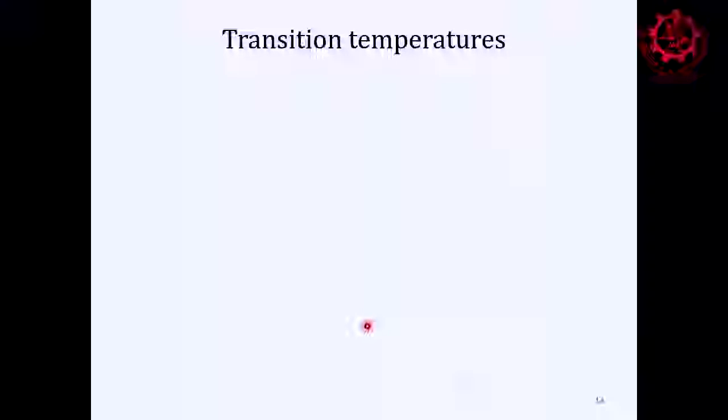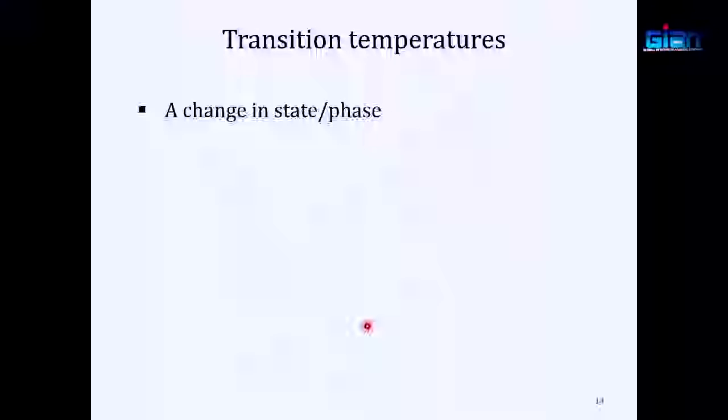Transition temperatures. Transition could be a transition of state or a transition of phase. By phase we are referring to going from liquid to solid, solid to liquid, or liquid to vapor. But the state change we are looking at is a glassy state or rubbery state, right? Because in a glassy state it appears to be solid, and in a rubbery state it has sufficient flowability.